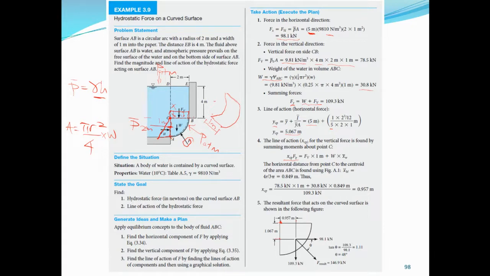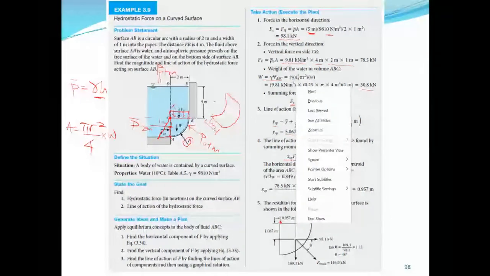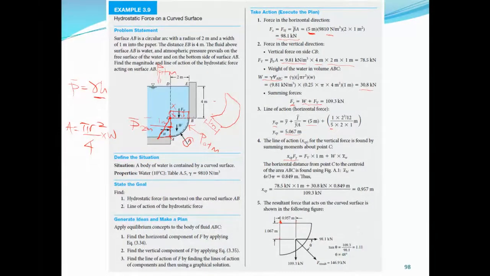Okay, so XCP times Fy will be equal to Fv times the distance, which is 1, because from here to here is 2. So it will be acting at the centroid because it is vertical. Remember, if the surface is horizontal, the pressure force will be acting through the centroid.